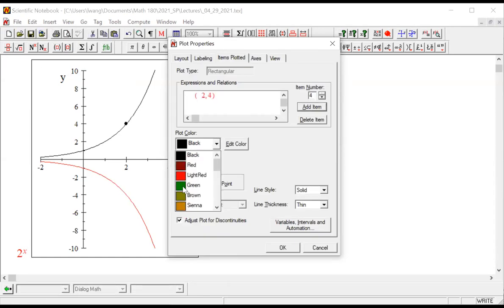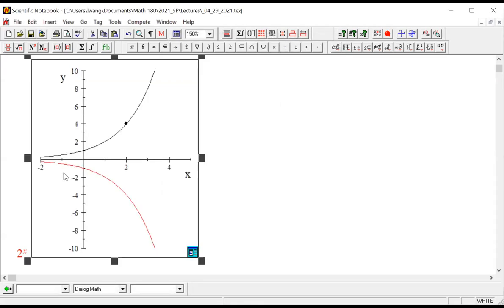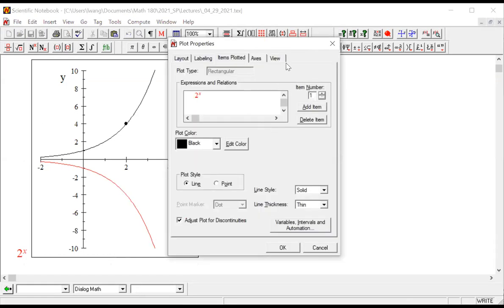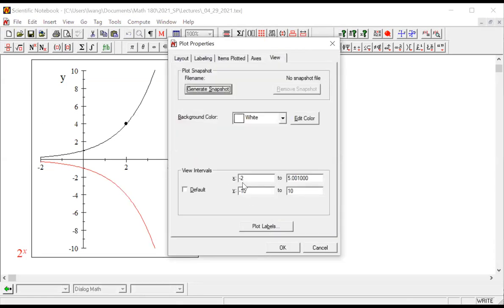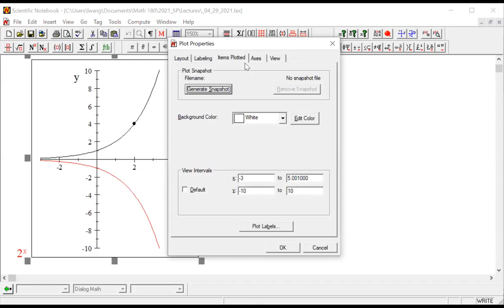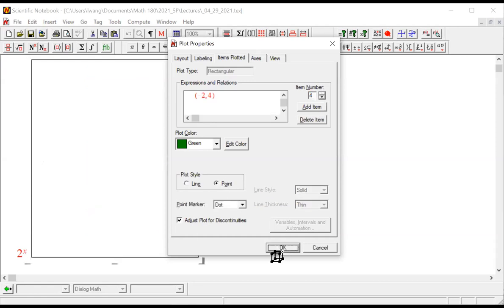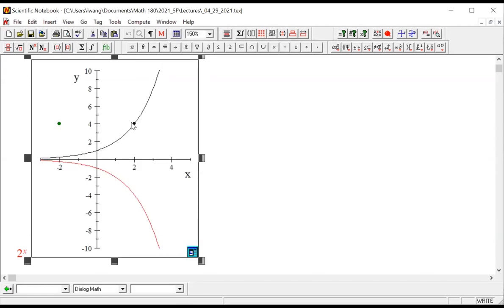So this time I'm going to use green. Negative 2, 4 should be somewhere there. I just need to adjust the scale. Did I change the point? Hold on. I think I didn't select the point. Okay, select the point. There you go. You guys see that? So this point is flipped over.